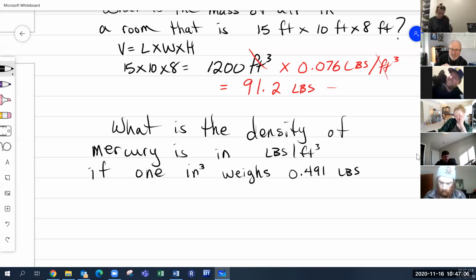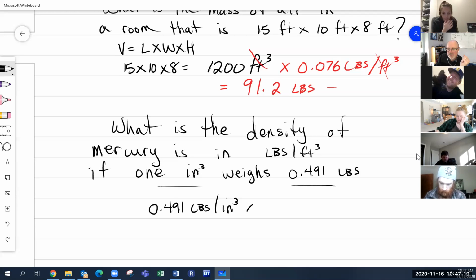So what I just told you here is that it's 0.491 pounds per cubic inch. And what we do is multiply that by how many cubic inches in a cubic foot? 1,728. 1,728 cubic inches in a cubic foot.